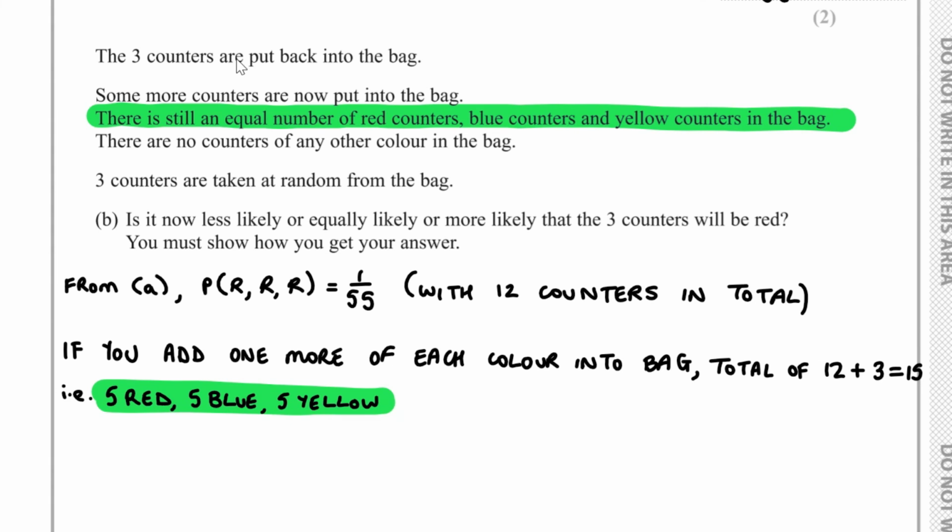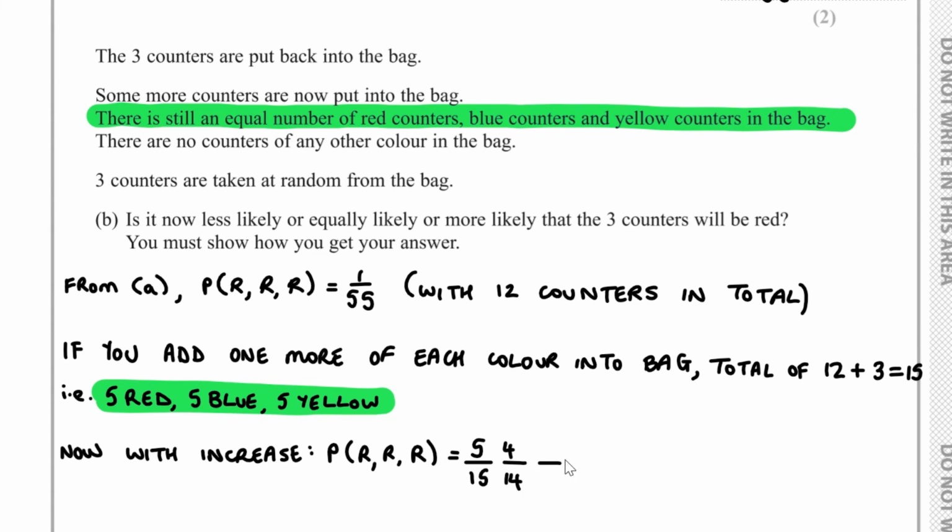Now this time, if we take 3 counters from the bag of the same colour, now with the increase, if we now work out the probability of getting 3 reds, this is equal to, well, we've got 5 over 15, and then we've got 4 over 14 multiplied by 3 over 13.